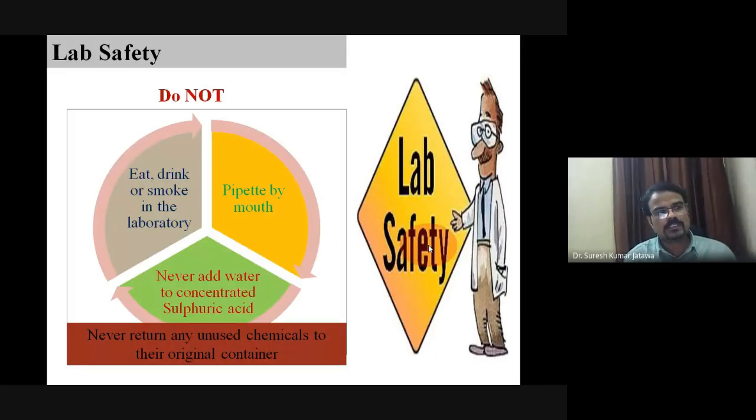Okay, so in today's entire session, we have discussed various things about the preparation of solution, because solutions are a very important component while you are performing an experiment in the laboratory. As we discussed, solution is what? Two or more substances mixed together in known quantity, which you call a solution. For preparing these solutions, you may be measuring a precise amount of dry material, or a precise amount of liquid.